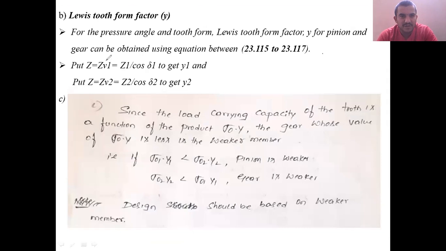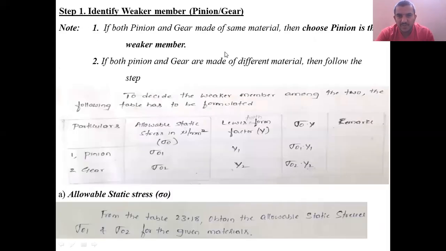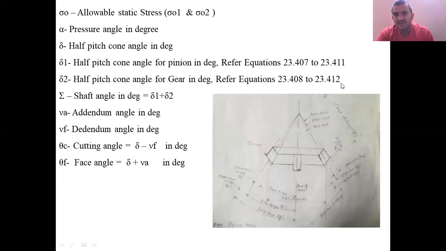So you can get Z equal to ZV1, that is Z1 by delta 1. Again, delta 1 is unknown here. Then how do we get delta 1? We use the equations from 23.407 to 23.412. We get delta 1 and delta 2.